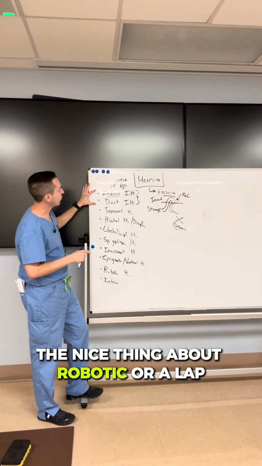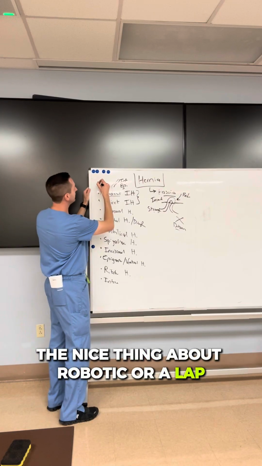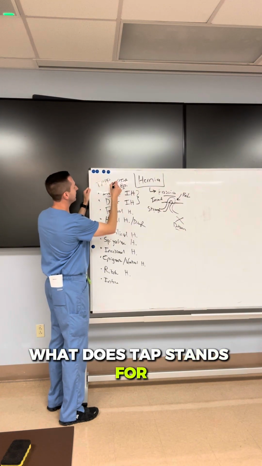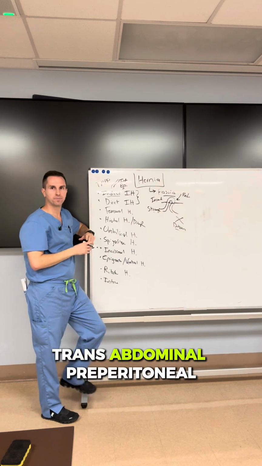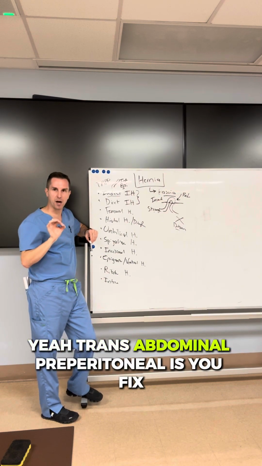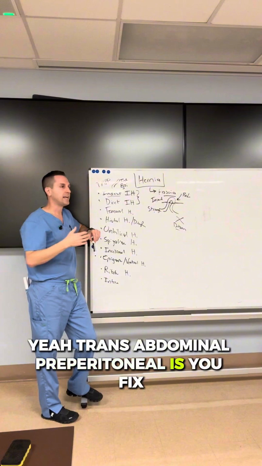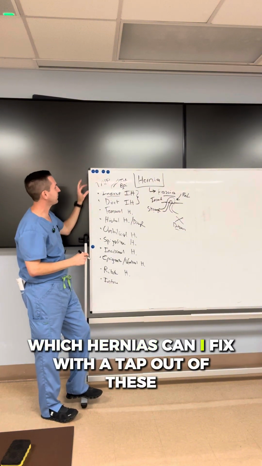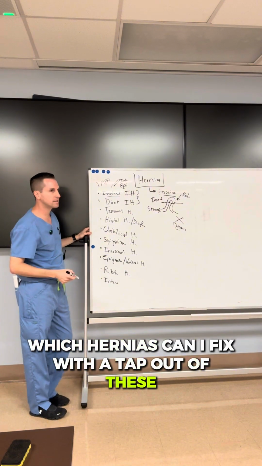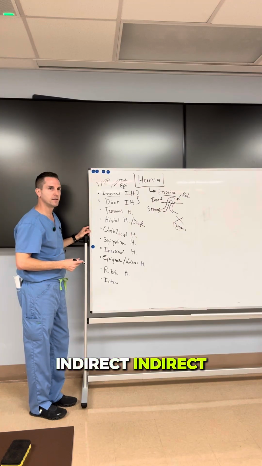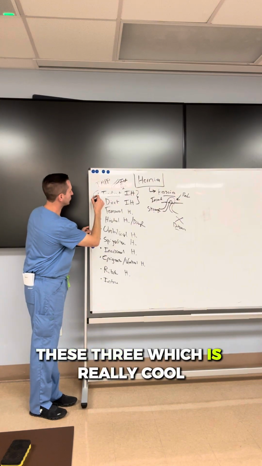The nice thing about robotic or a TAP, what does TAP stand for? Transabdominal preperitoneal. Which hernias can I fix with a TAP out of these? Indirect, direct, femoral. These three, which is really cool.